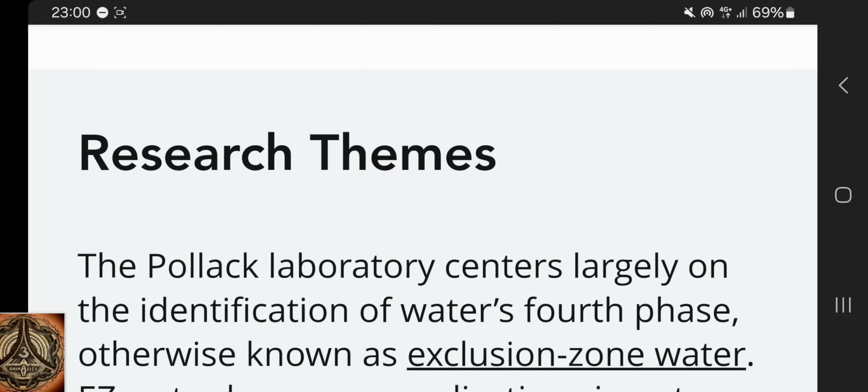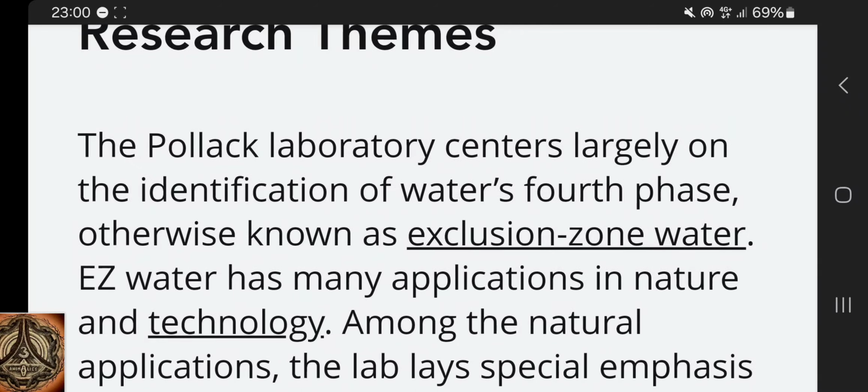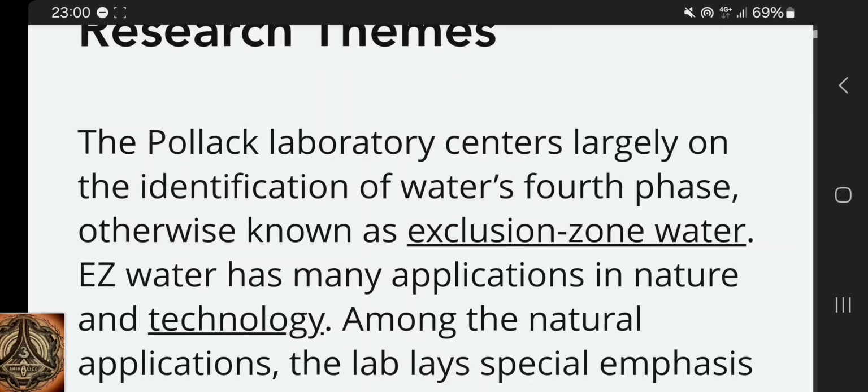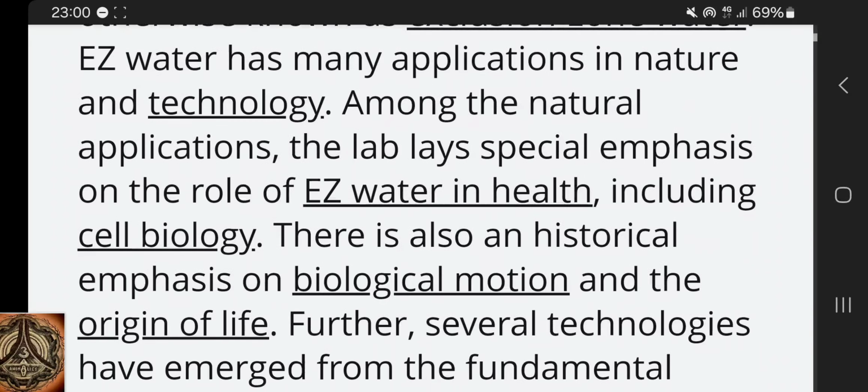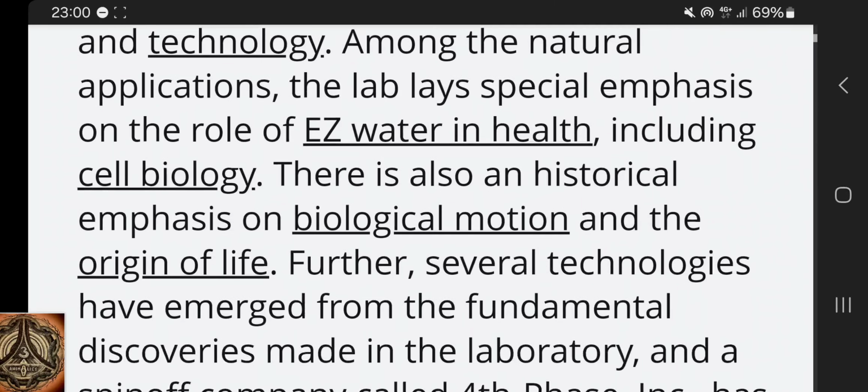Research themes: the Pollock Laboratory centers largely on the identification of water's fourth phase, otherwise known as exclusion zone water. EZ water has many applications in nature and technology. Among the natural applications, the lab lays special emphasis on the role of EZ water in health, including cell biology.